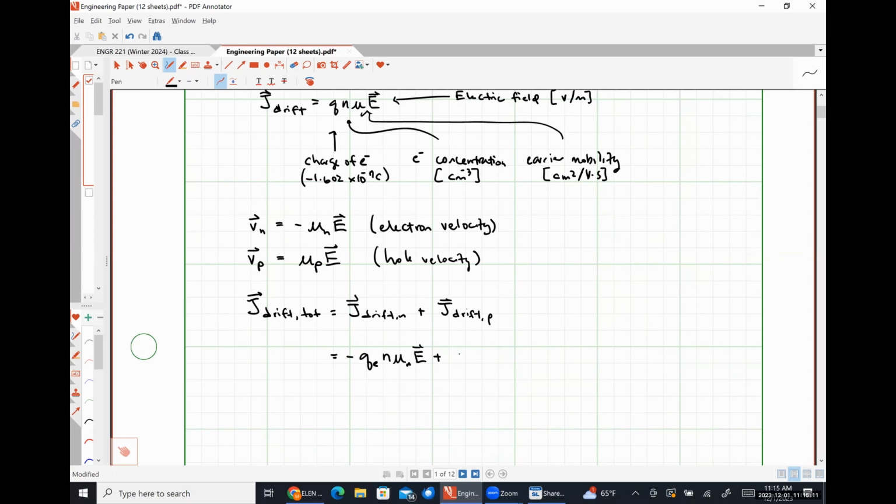plus Q sub P, the charge of a proton, P mu P E, trying to take into account here that these two things are going to be flowing in opposite directions.